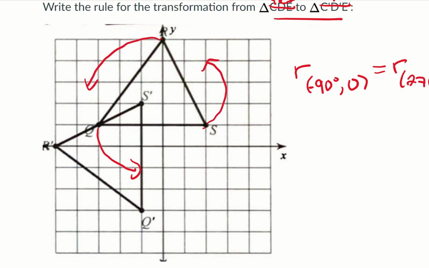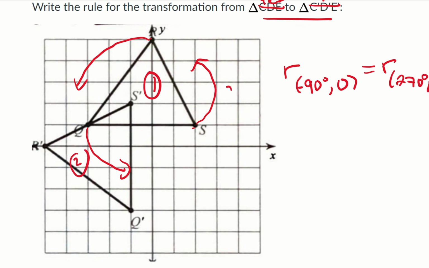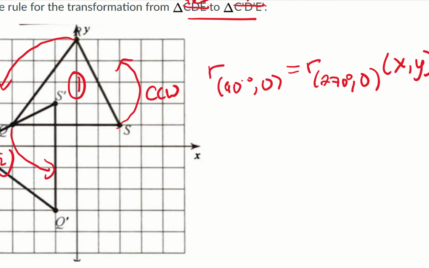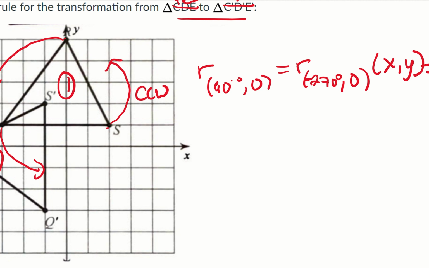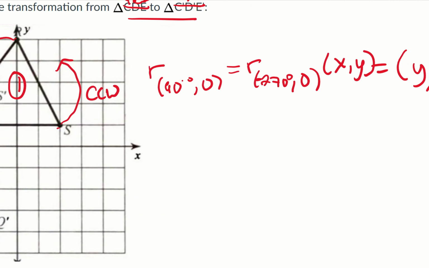So basically they're all going counterclockwise. I messed up the direction. I apologize, because we're going from this one to this one, and I went backwards before. So this is actually going counterclockwise, so it's going to be 90 degrees positive, which is the same thing as negative 270 degrees the other way. Just switch your signs.